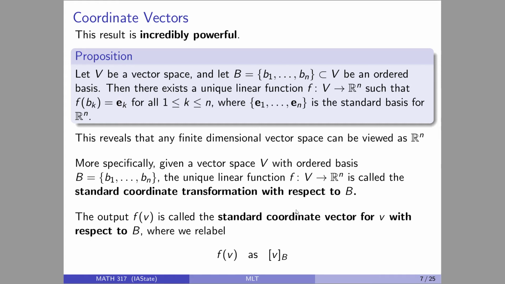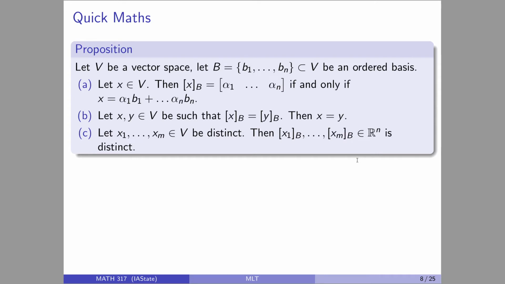And we call this the standard coordinate vector for V with respect to B. So in other words, this output here is exactly the representation of the element in V as it would be in Rn. Right? So every finite dimensional vector space is Rn, and this gives us the linear way of creating elements in Rn to be the faithful representation of things out of V, sorry, not Y.